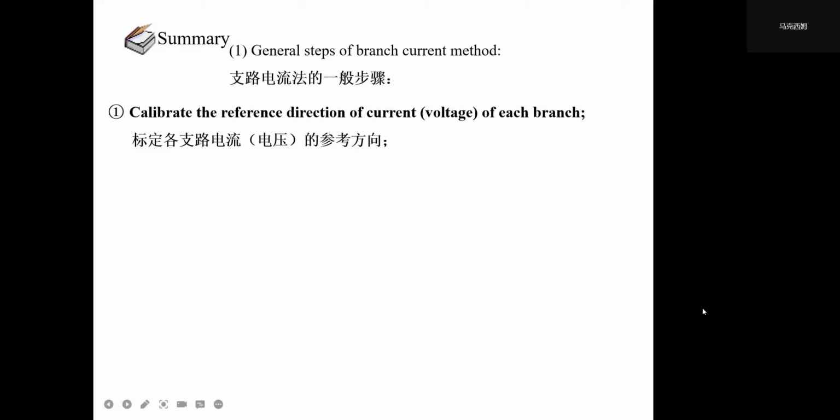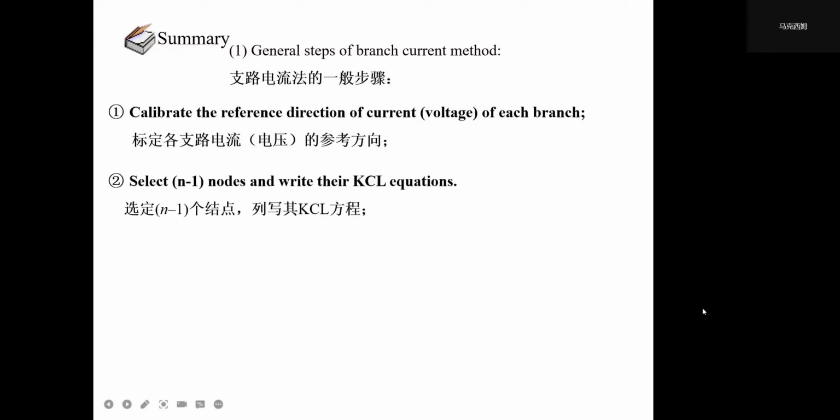So before we do anything, we have to mark the reference direction on each branch. Once it's done, the negative or positive sign associated with the reference direction will follow all the steps all the way back to the solution.